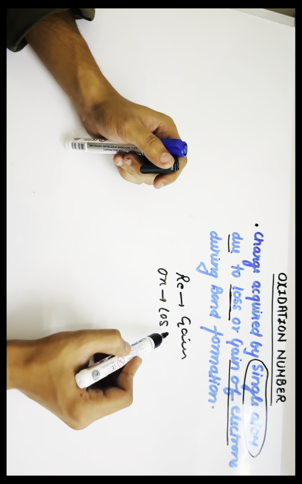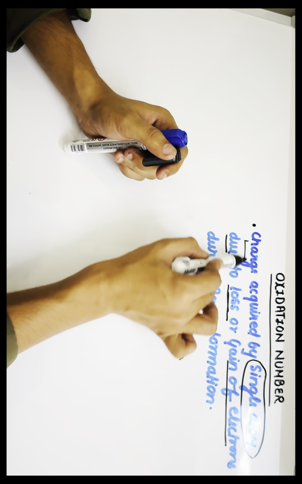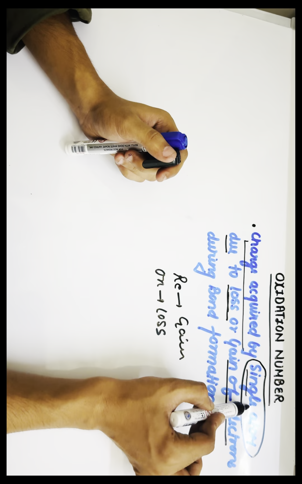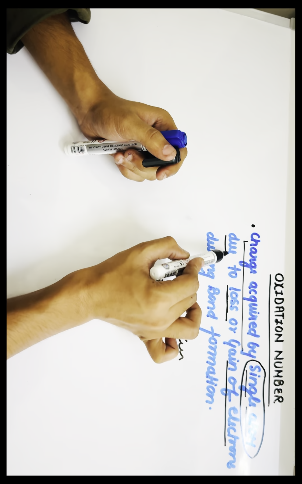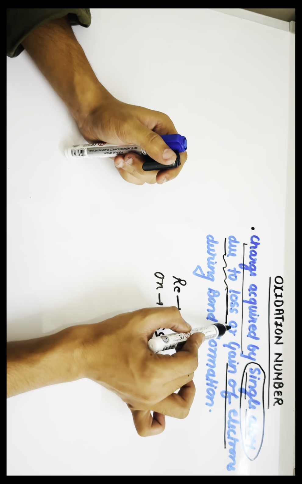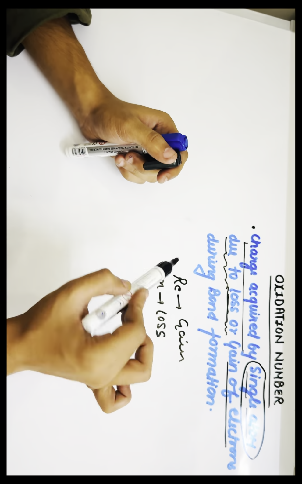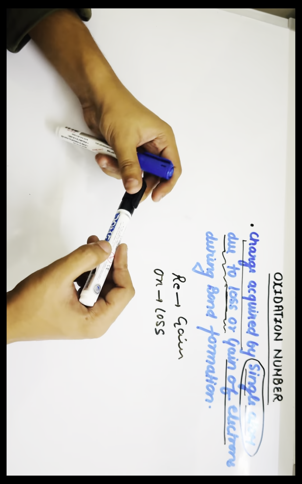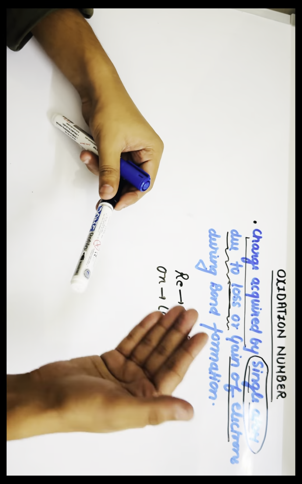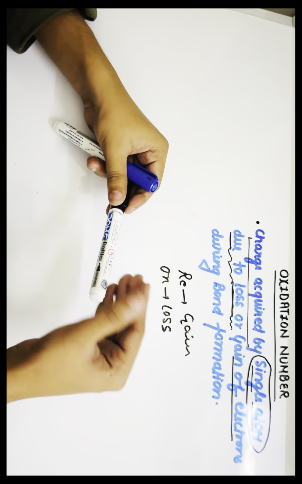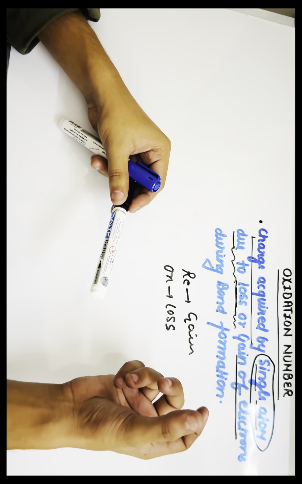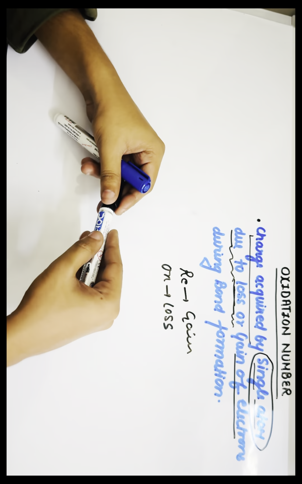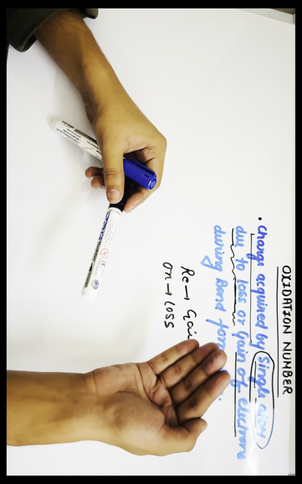So it means the charge acquired by a single atom, when that atom is going through reduction or oxidation, so it gains or loses some electrons during the bond formation. That's why the charge comes to that element, and that charge is the oxidation number.